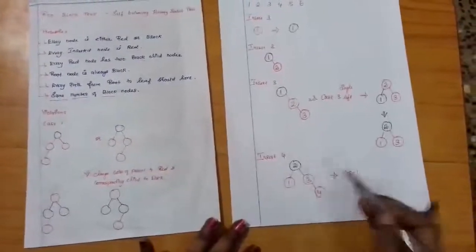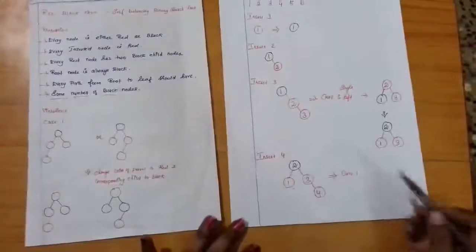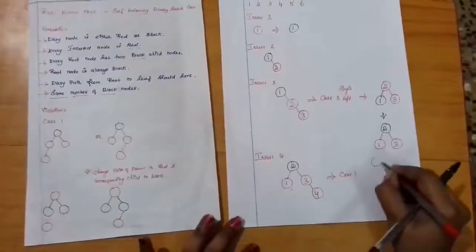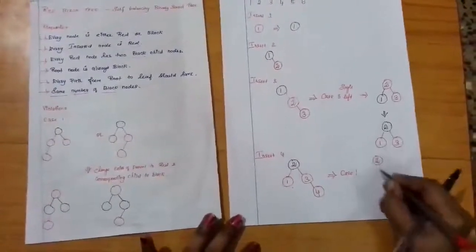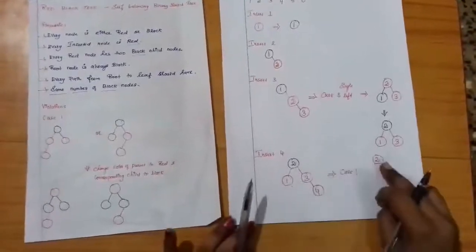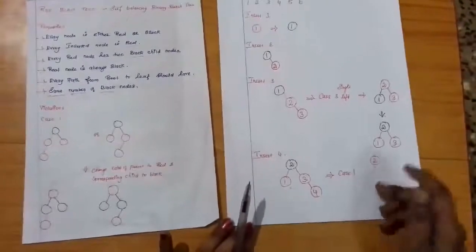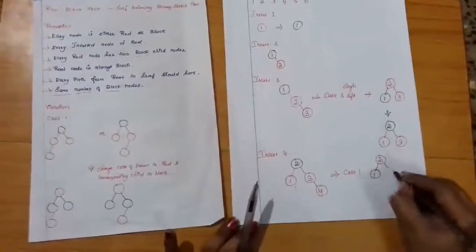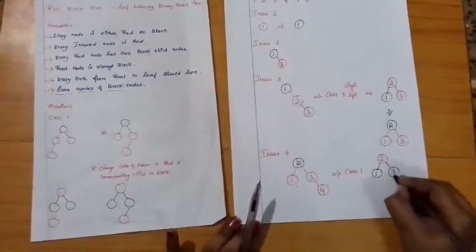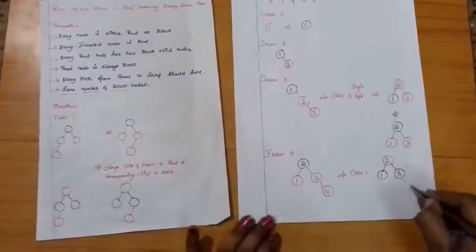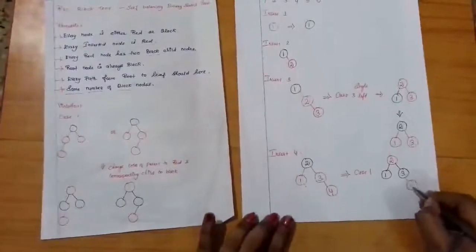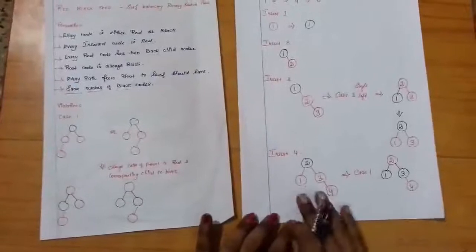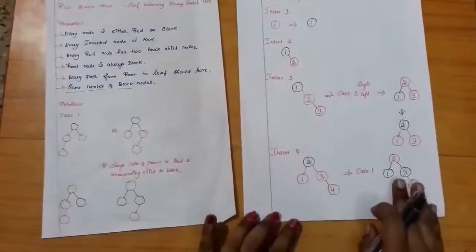After that we are going to change the root node color to black. So I am going to change the color of the root node's parent to red. So when we change the color of the parent, subsequently we need to change the color of the children. So this is the execution of case 1.